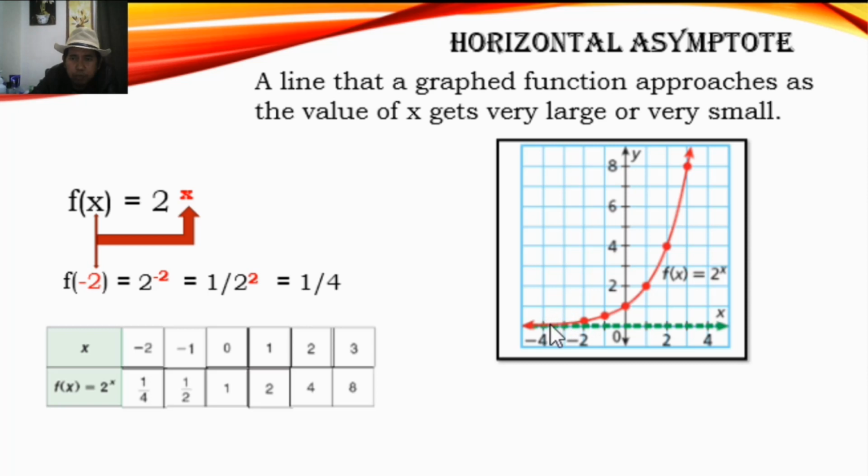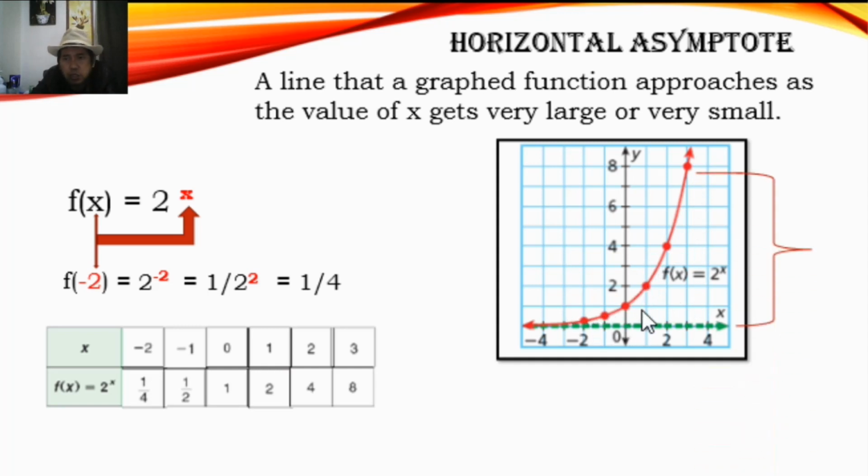Now, you might be saying, this graph will touch this line x. What is this? This line x is considered to be our horizontal asymptote. Okay? It will not touch this horizontal asymptote.